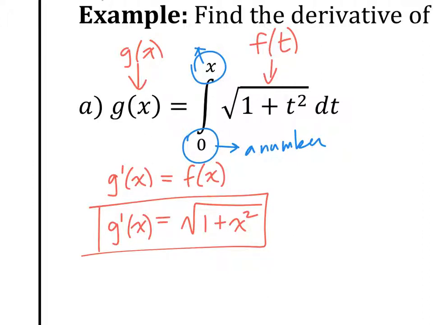It cannot be x squared, it cannot be x cubed, it cannot be anything but just x or just t or whatever that variable is. So it just has to be x. Anything else besides this form, we're going to talk about next time on how to solve those kinds of problems.